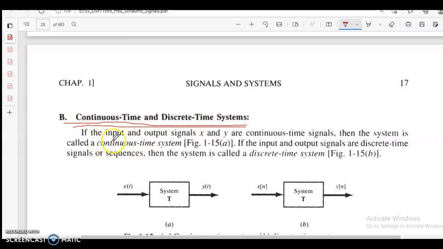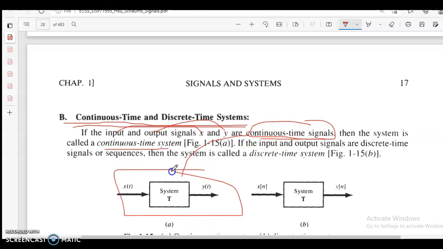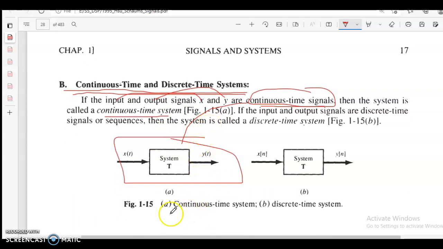If the input and output signals, x is the input signal and y is the output signal, are continuous time signals, then the system is called a continuous time system. In figure 1.15a is a continuous time system, and figure b is a discrete time system.